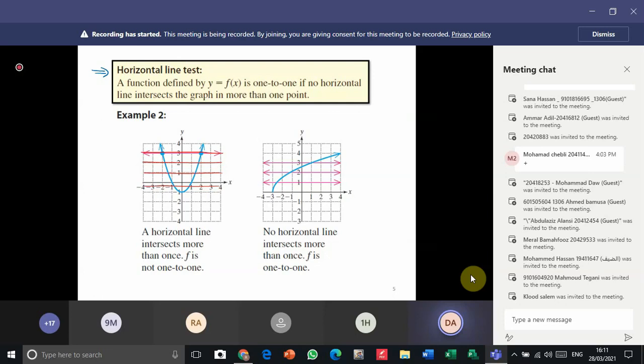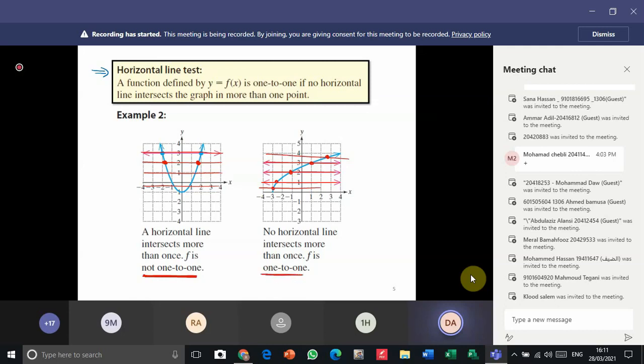If we have a horizontal line that intersects the graph at more than 1 point, then this is not one-to-one. Look at another graph. We put many horizontal lines, but each horizontal line intersects the graph at 1 point. So this is a one-to-one function.